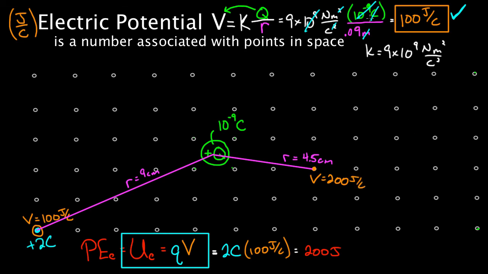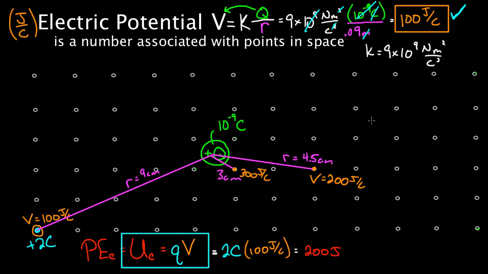And the closer I get, if I went even closer, to a point that was 3 centimeters away, well, this is a third as much as this other distance. So if I'm only dividing by a third as much distance, I should get 3 times the result. This R is not squared, it's just R. So this point would have a V value of 300 joules per coulomb.